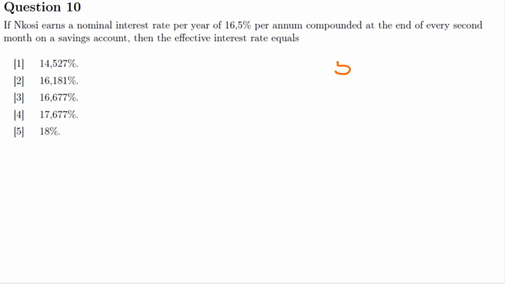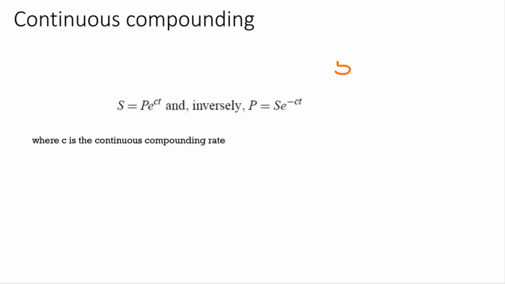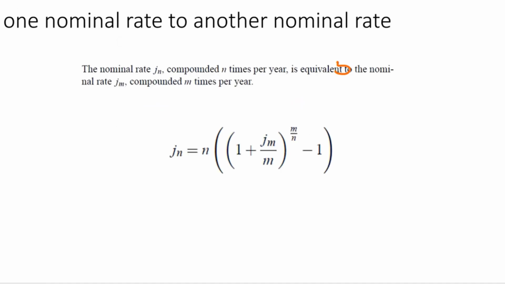Okay, these are just the calculations. This is continuous, just straightforward. There's nothing interesting about the continuous compounding. The only thing that is interesting is this one. This is very interesting because when we are doing annuities, and even bonds, we will be quoted nominal rates.